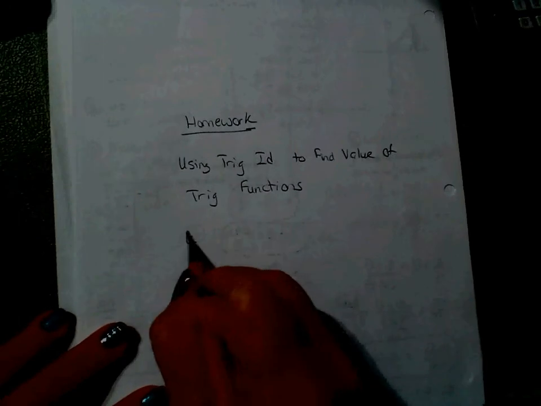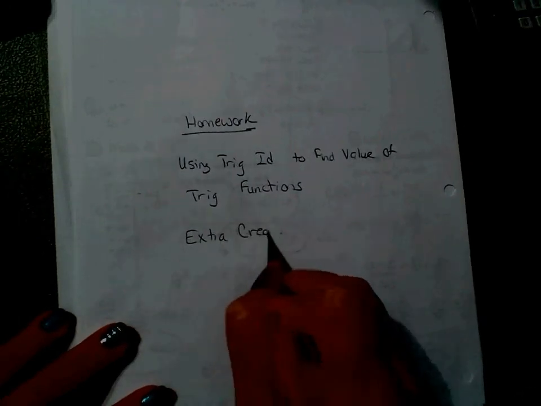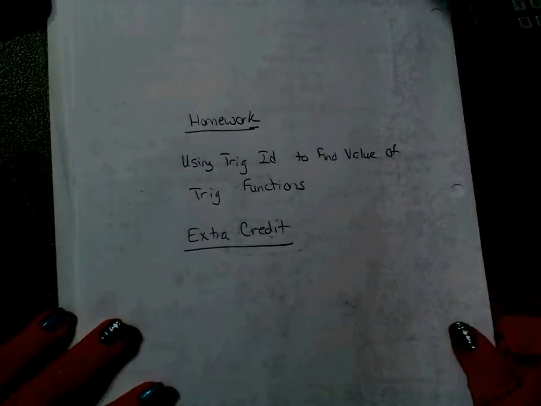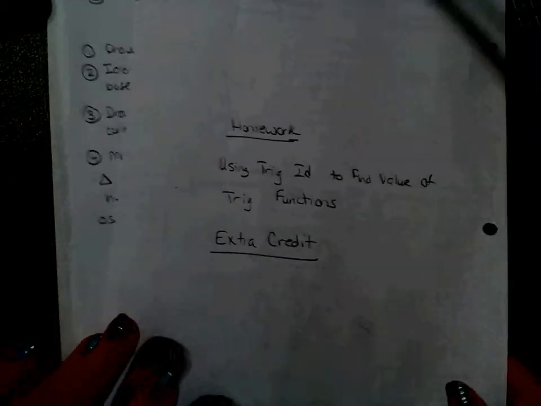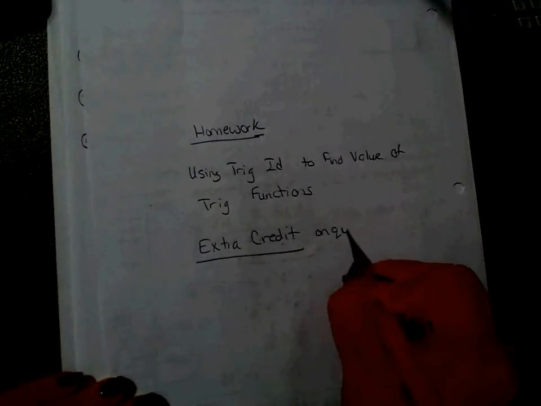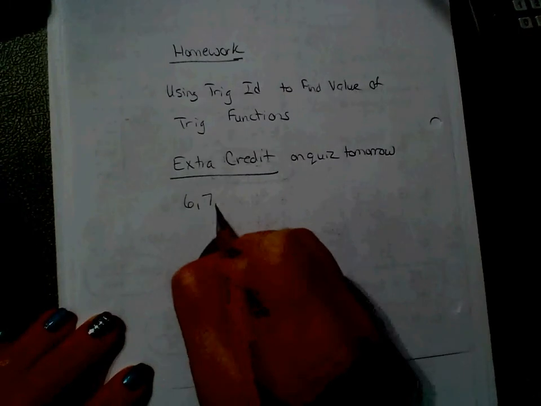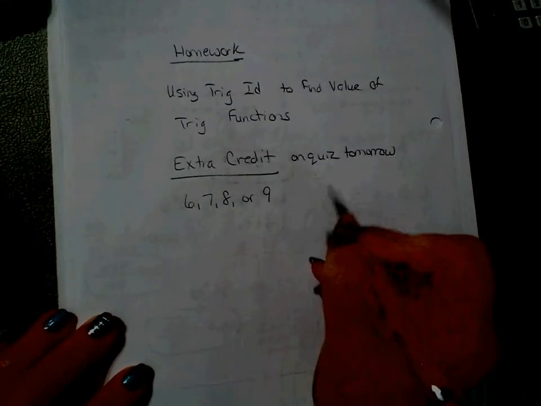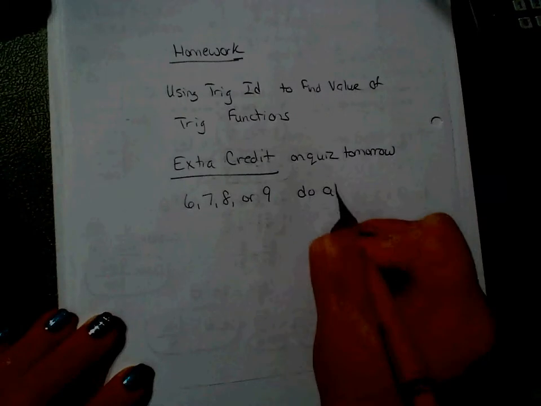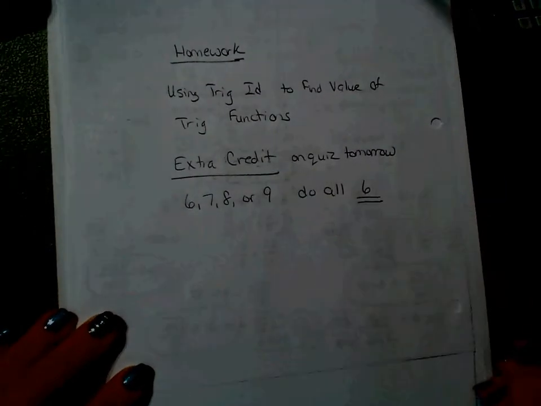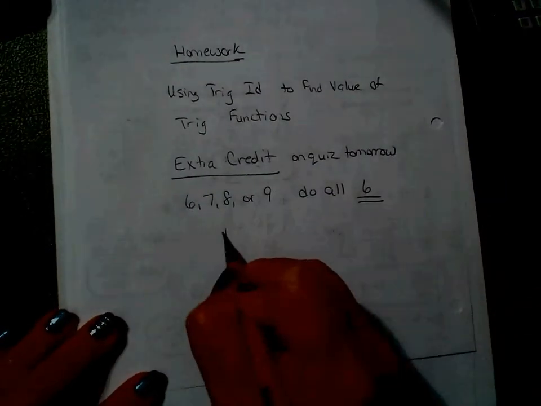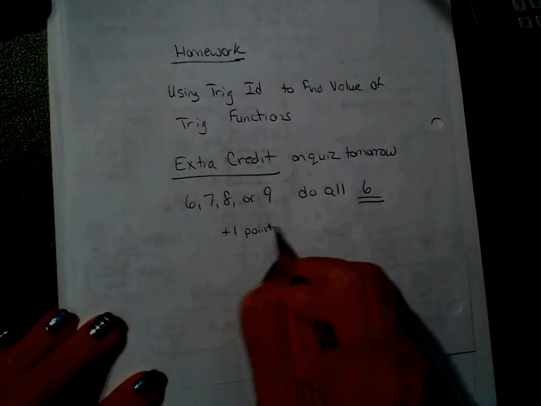But I also want to offer you some extra credit. If you have watched to the end of this video and you have got to this point and you want some extra credit on your quiz tomorrow, and I'll tell you about that in just a second, then if you work 6, 7, 8, or 9, just one of them, and do all 6 trig functions, I will give you plus 1 point for each one that's correct.